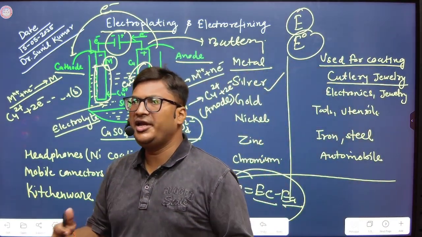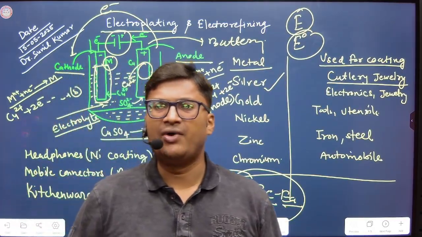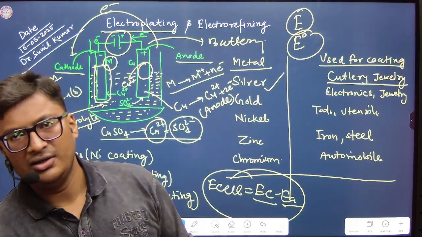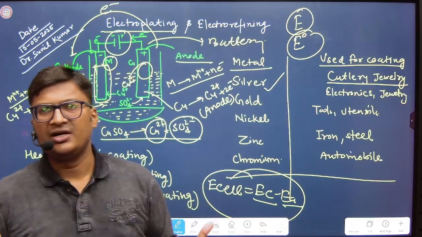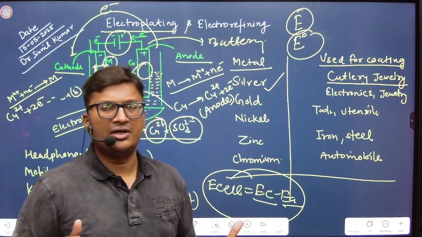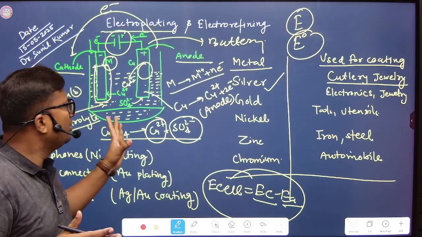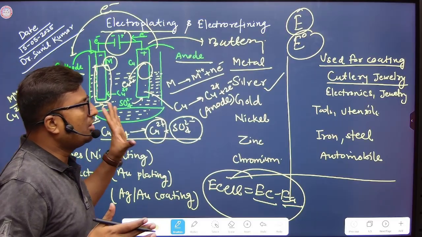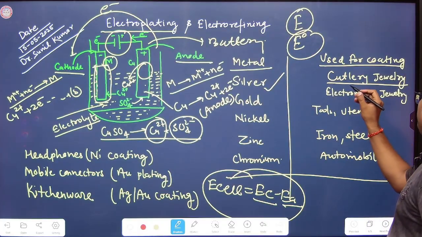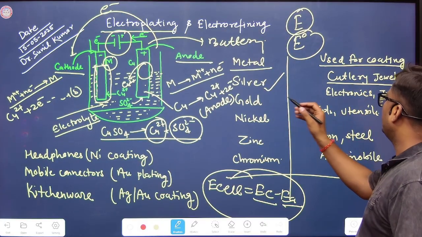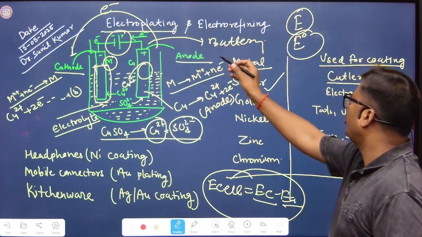In the jewelry industry, we have low quality or low price jewelry, and if you want to give it the properties of high quality or high cost jewelry, then this electroplating process is beneficial for improving the quality and cost of the low cost jewelries. So if you want to deposit or coat silver on cutlery or jewelry, then we must follow the mechanism of electroplating, right?